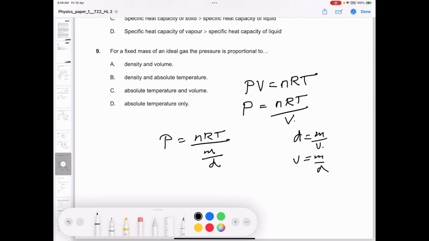Of course, the density now goes upstairs into the numerator, so nRT all over m times d. So the pressure then is directly proportional to both the absolute temperature and the density. Therefore, the answer is B.